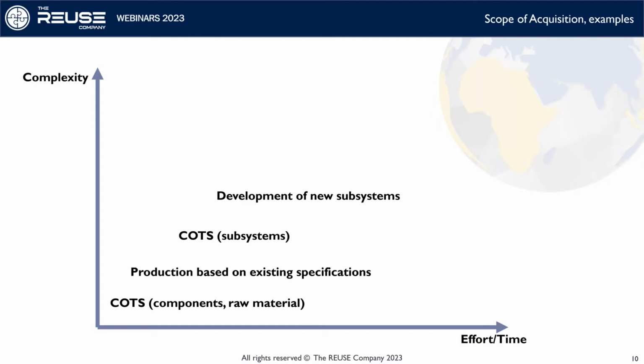Development of complete new subsystems. Again, there is more development effort included in this, and also an integration effort to the rest of the system that you're producing. So complexity rises, as does time and effort needed. You may at some point of time face this thing here, midlife update. Suppose you have a system and at some point of time you would need to update it to continue the lifetime or to improve its performance or capabilities or whatever.